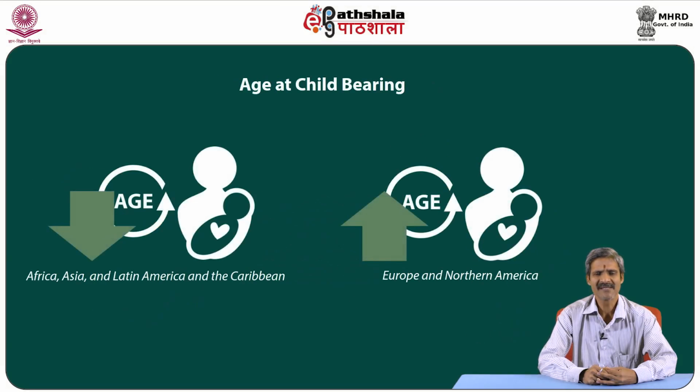If we look at age at childbearing in Africa, Asia, Latin America and the Caribbean, in all these regions greater decline of childbearing of women at older ages has led to decrease in mean age at childbearing.